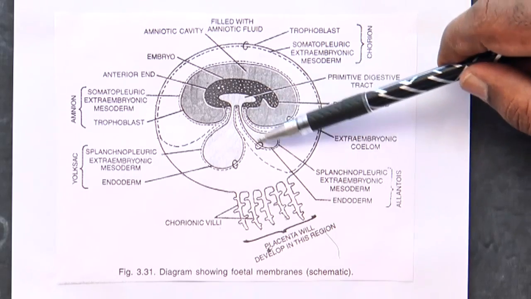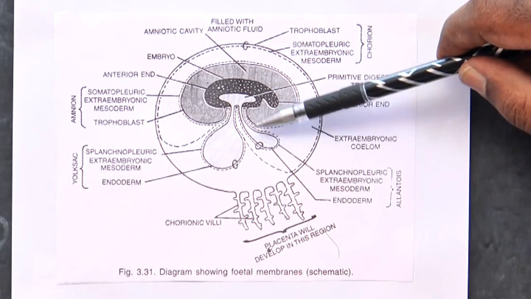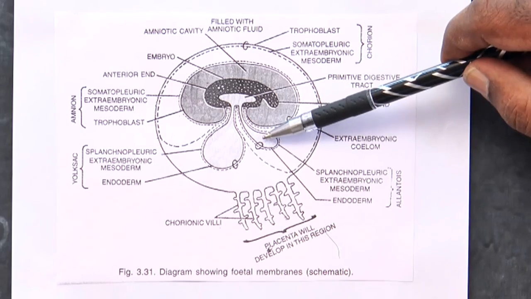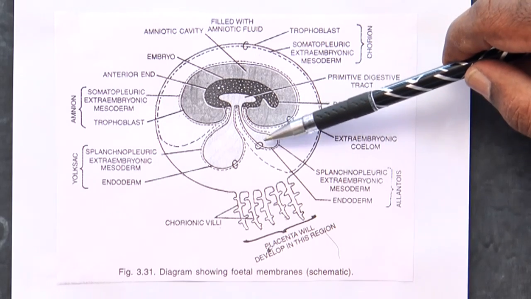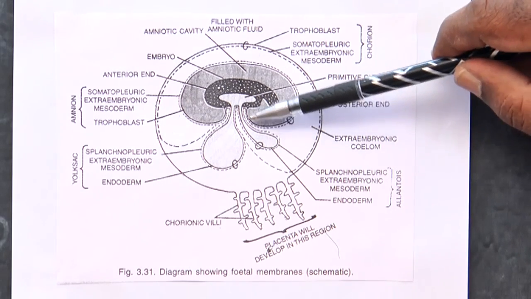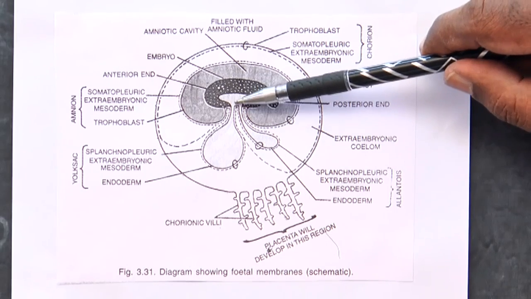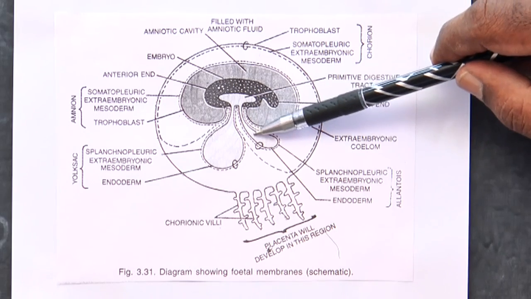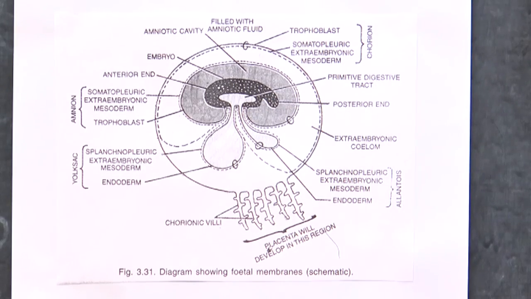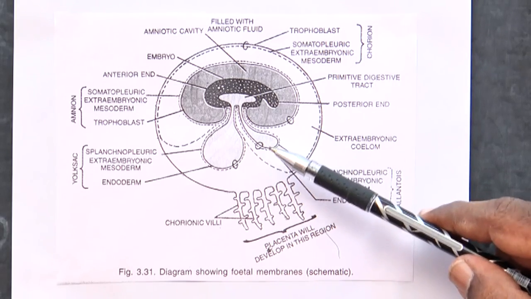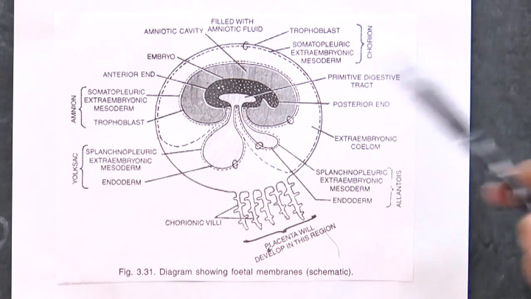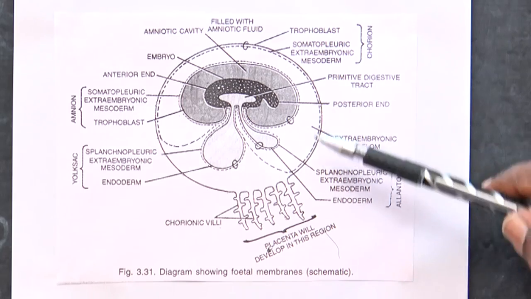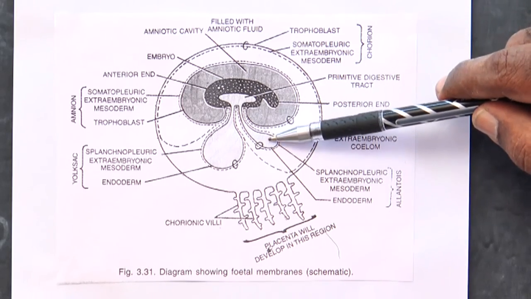Allantois forms a small out-pocketing of the embryonic tissue at the caudal end of the yolk sac. And it is a structural basis for the umbilical cord. The umbilical cord actually connects the embryo to the placenta. This allantois later becomes a part of the urinary bladder.